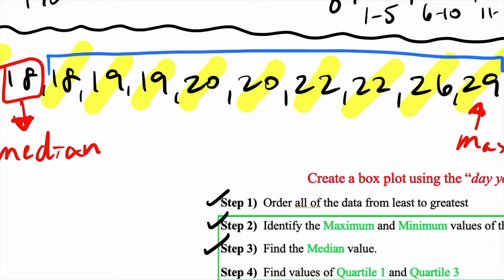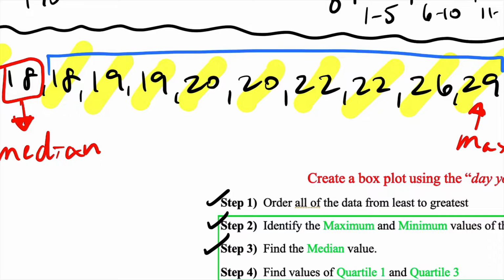We don't count this 18 because this 18 was the median. This 18 is not the median, so we can count that. That's why it's important to label them. Like I boxed the median, so I know everything that's above it and everything that's below it.